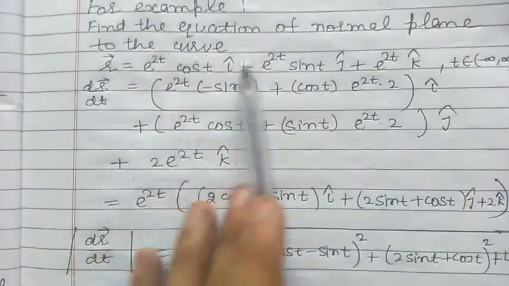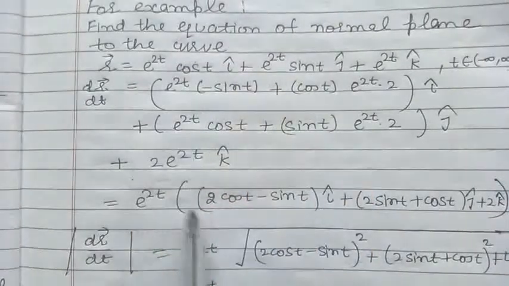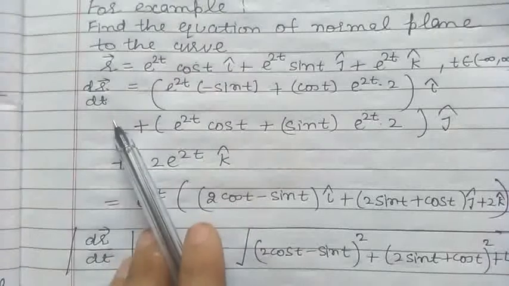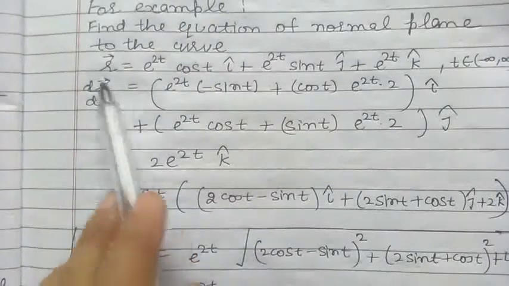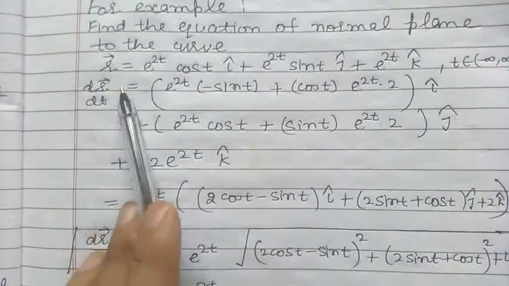In order to find the equation of normal plane, firstly we require the unit tangent vector. So to find the unit tangent vector, firstly we find the tangent vector. Tangent vector is the vector dr by dt.